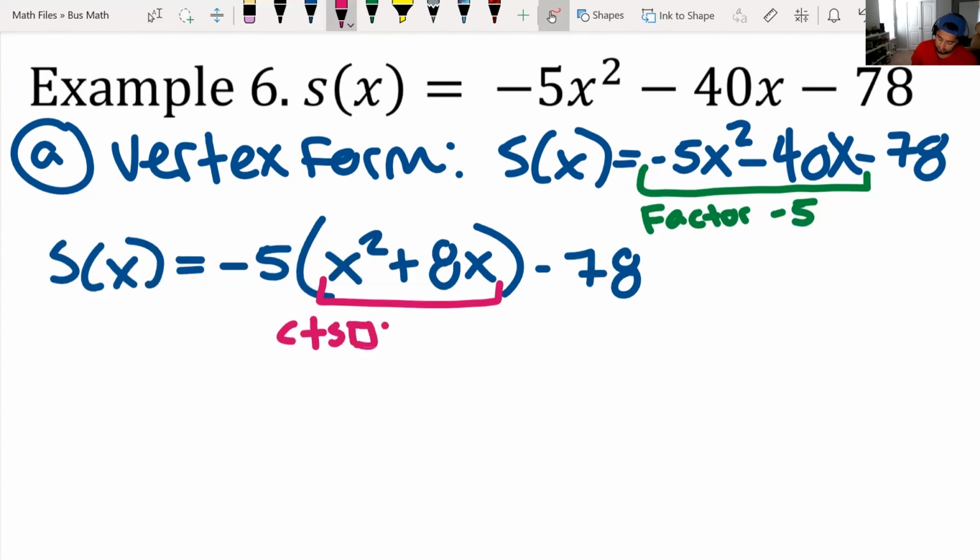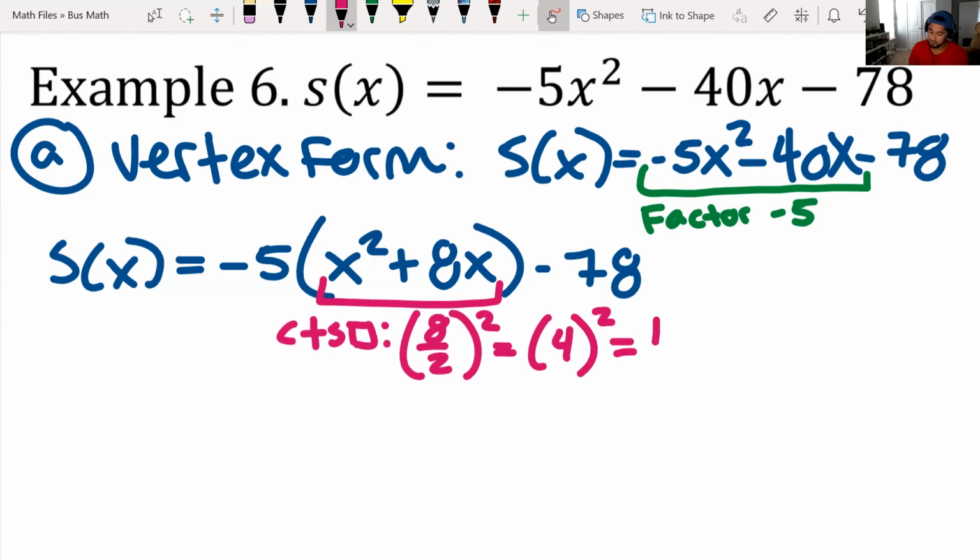CTS. We take half of the middle term's coefficient, which is 8, over 2, and square it. You'll get 4 squared, which gives me 16. All right.